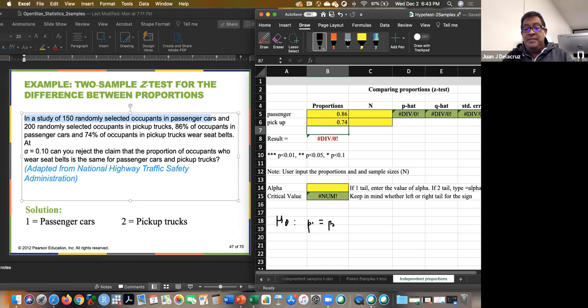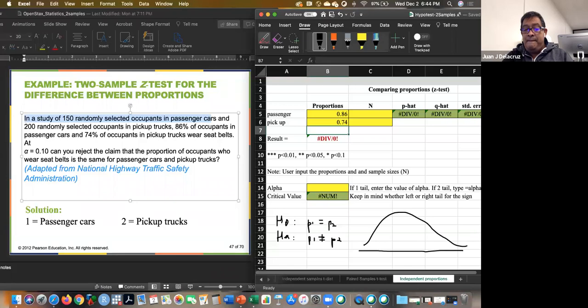Remember, this is the parameter. And then my alternative is going to be that they are different, right? So very clearly, we have a two-tailed test, and whatever we are going to find is going to be expressed in a two-tailed test, right?